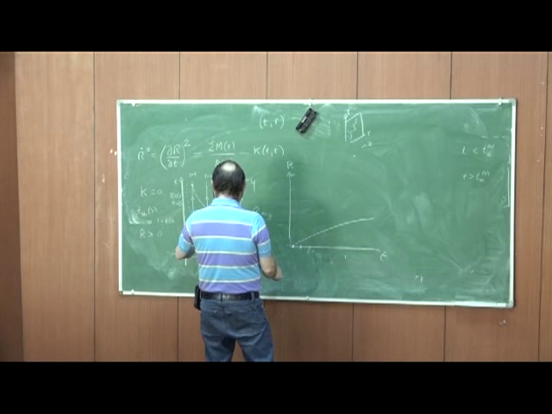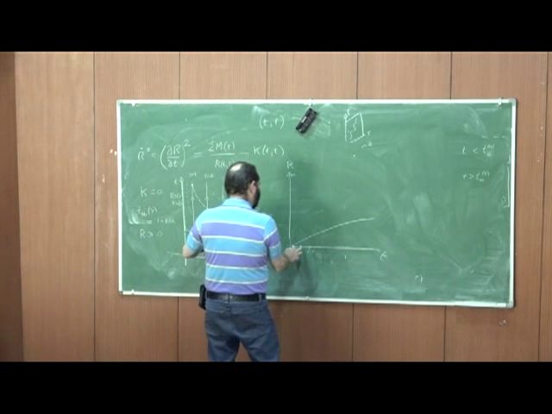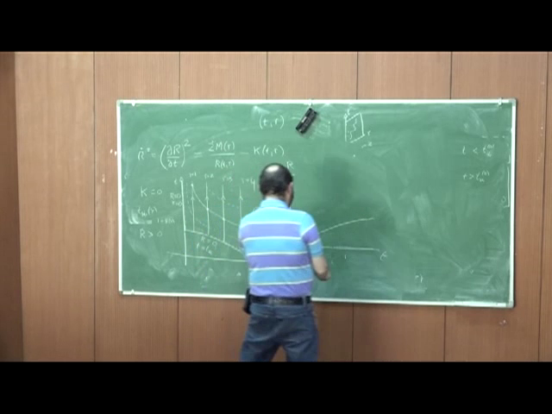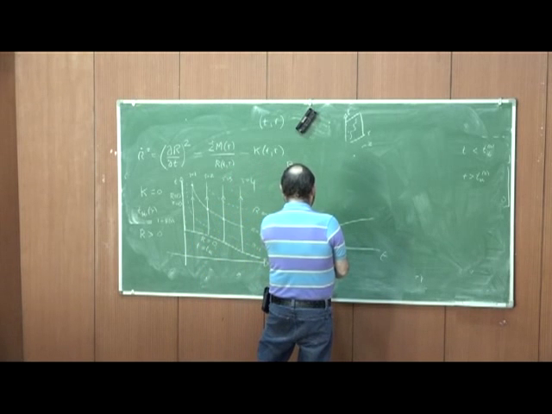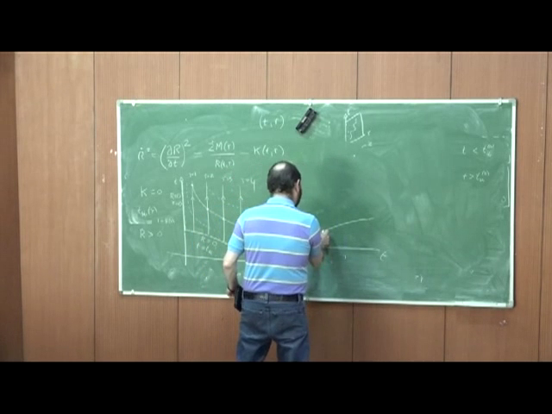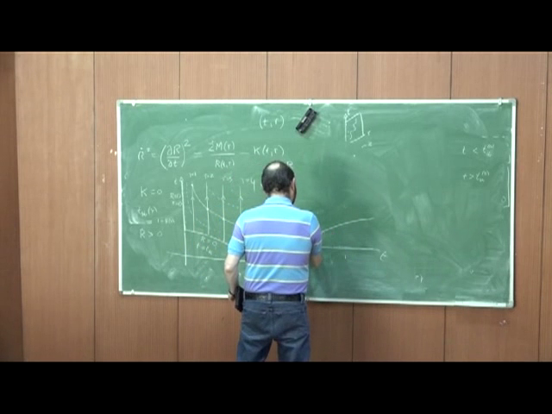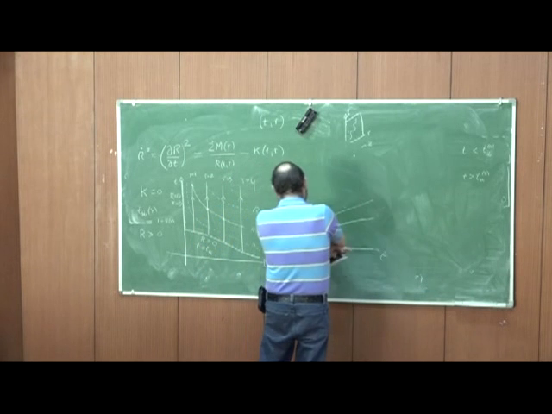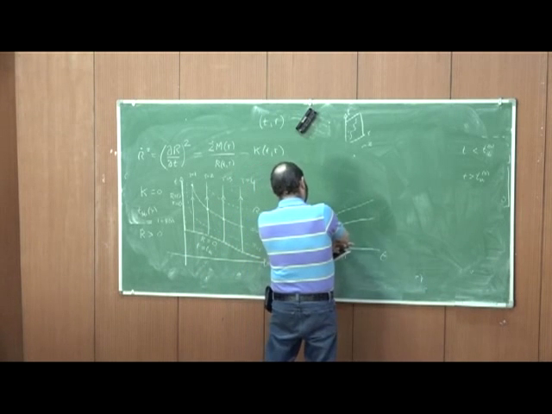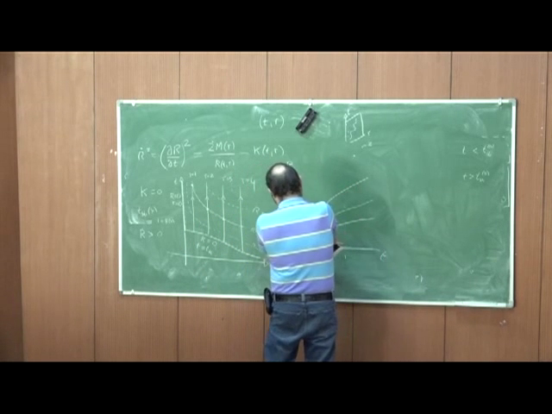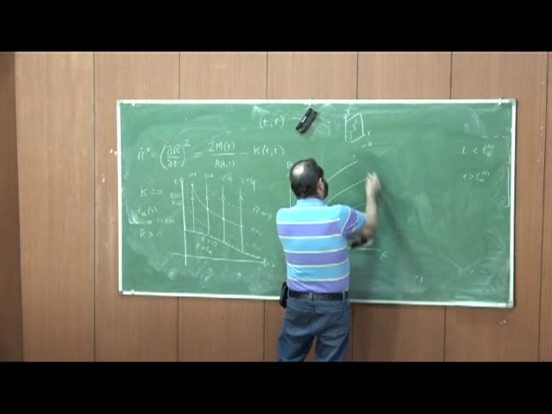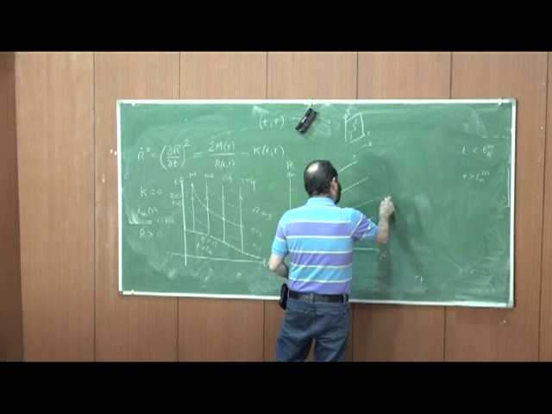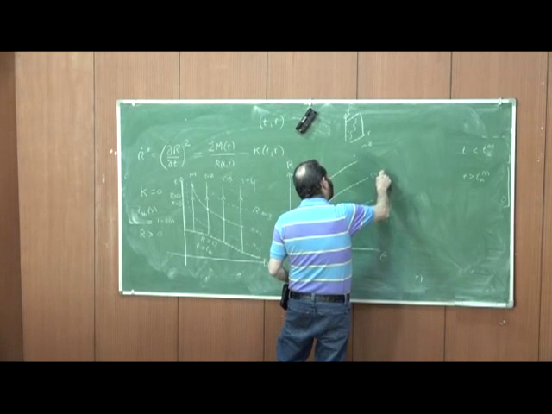At some time, the Big Bang time, this is more complicated. Let me do it correctly. This other one. This is r equals 1, r equals 2, r equals 3.